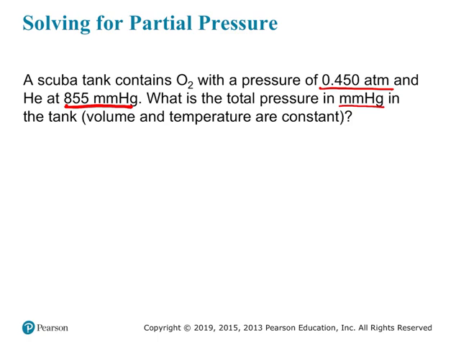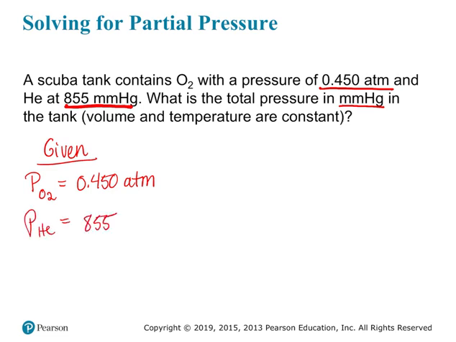Okay, so we're given two different pressures. We're given the pressure of oxygen, which is 0.45 atmospheres, and we're also given the pressure of helium, which is 855 millimeters of mercury.